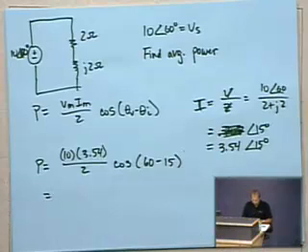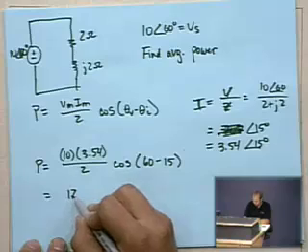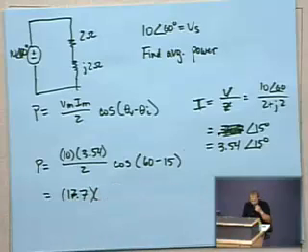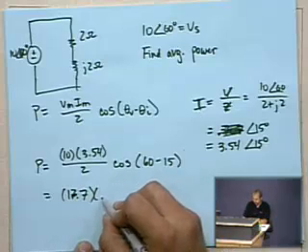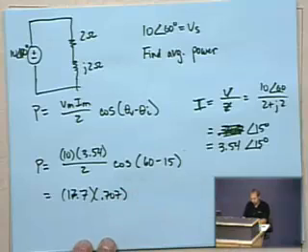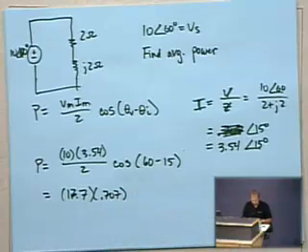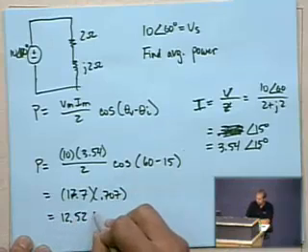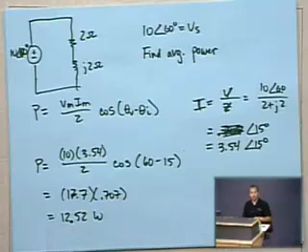So 35.4 divided by 2 is 17.7, times the cosine of 45, which is 0.707. That gives you approximately 12.52 watts, and that is the average power absorbed by the circuit.